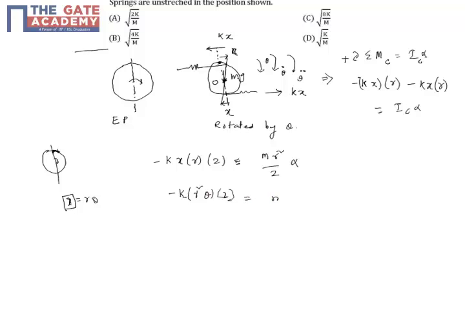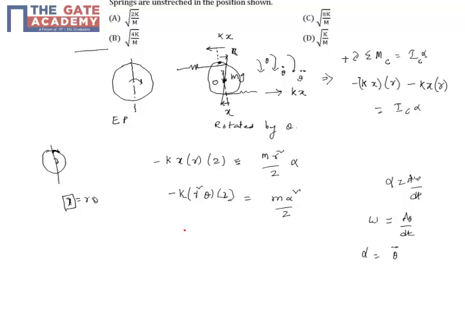And what is alpha? Alpha is the derivative of angular velocity, and angular velocity we know is theta dot. Angular velocity is again the change in angle with respect to time. So alpha I can write as omega dot. Omega is nothing but theta dot, so it's theta double dot, right?